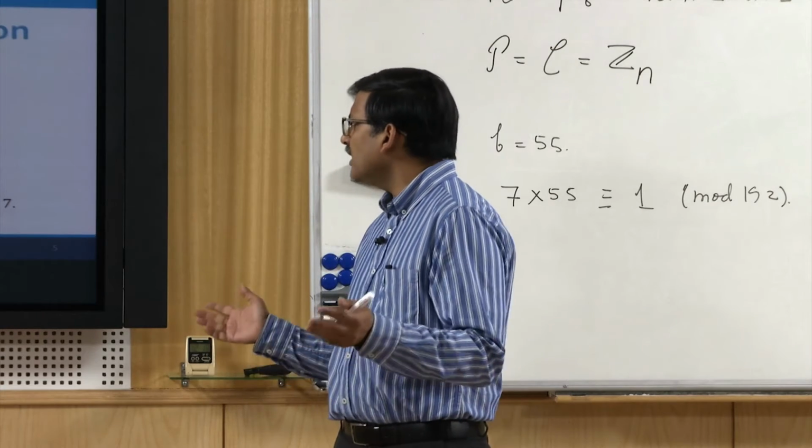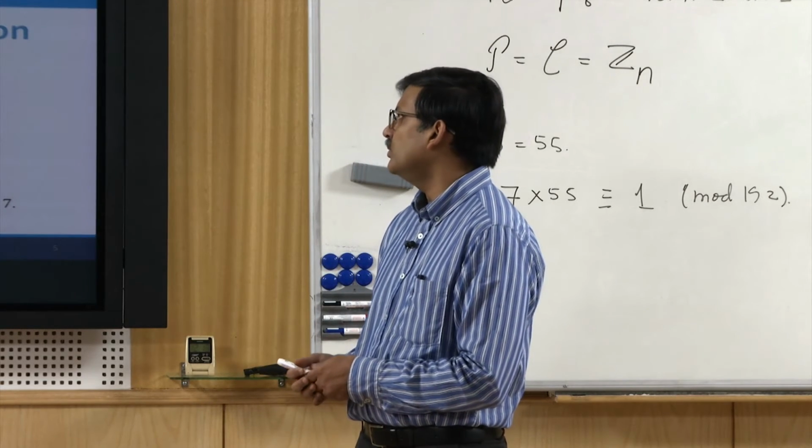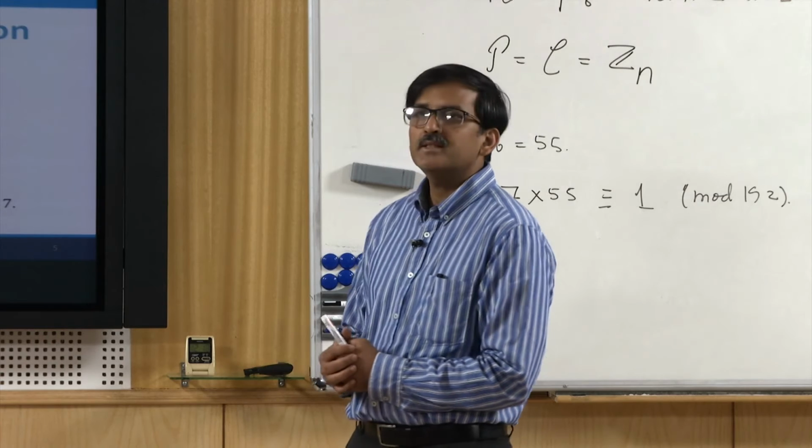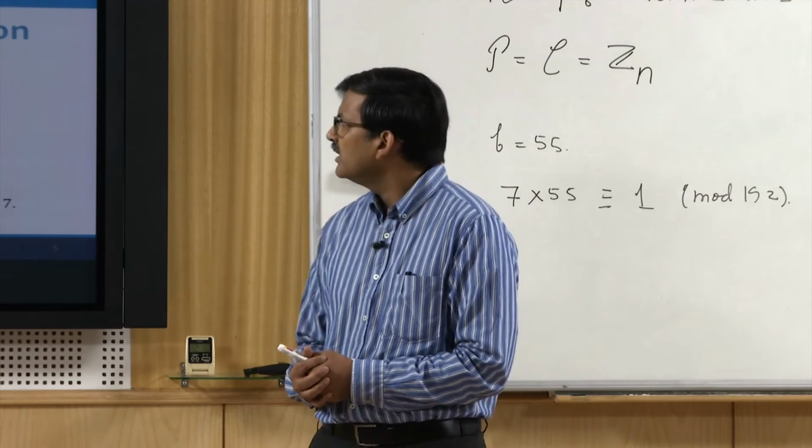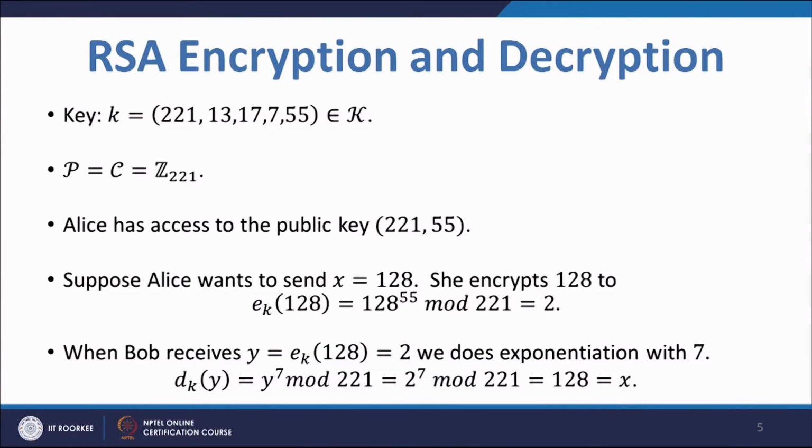If we take any number in Z sub 221, so in this case x equal to 128, and we raise it to the power 55, we can do it by calculator. We will see that modulo 221 it is going to be 2. So that is my encrypted value.